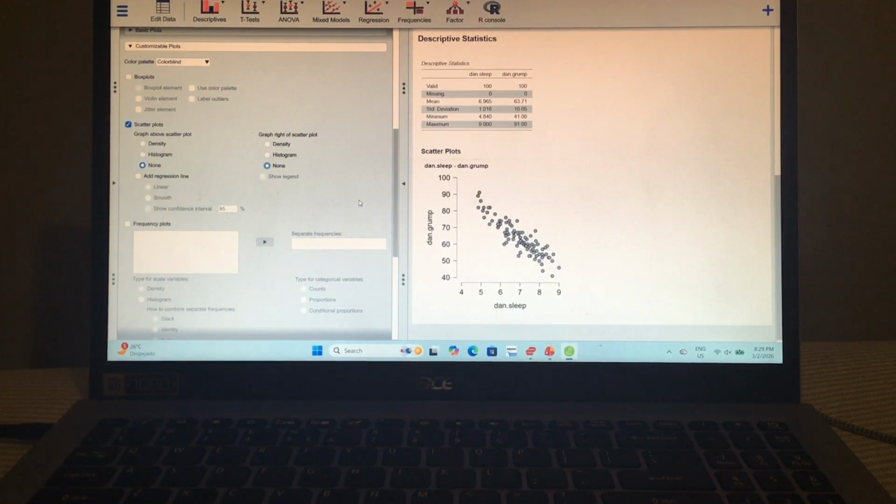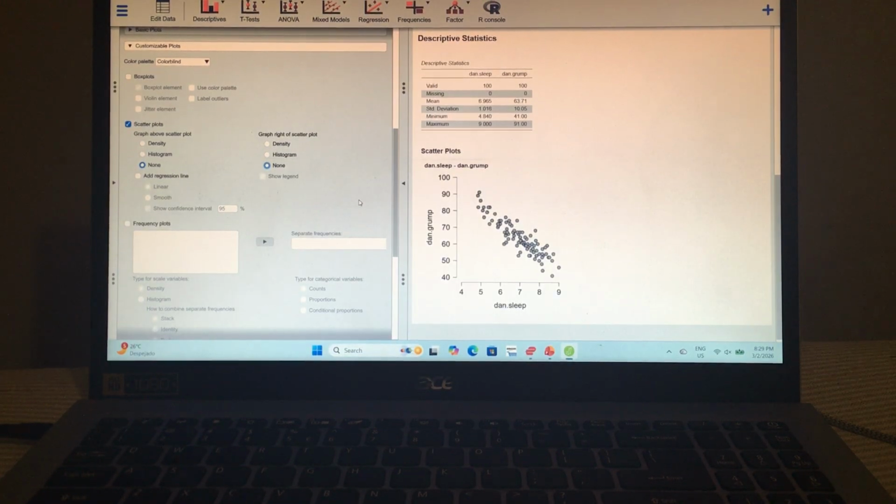There is a consistent downward trend. And if we were to draw a line of best fit through these data, we would end up drawing a straight line. Thus the assumption of linearity has been met.